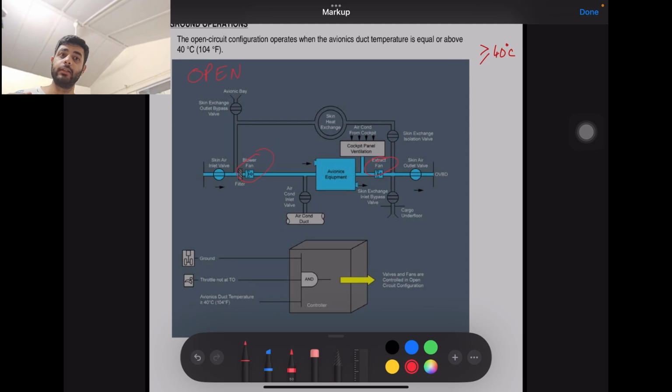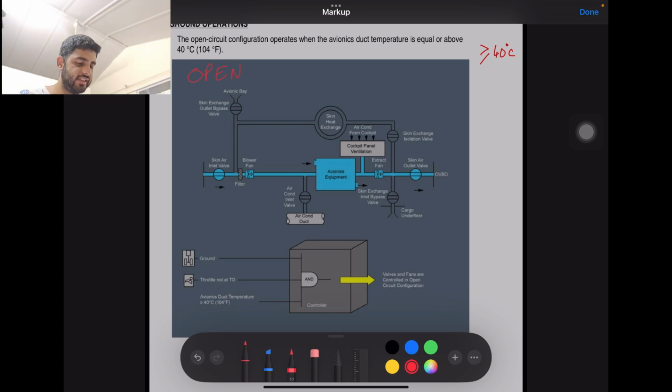The extract fan is like 2 to 3 times the size, much bigger than the blower fan, so on its own it can cause ventilation to happen. Otherwise it's usually kept off. It usually doesn't run, but in emergency conditions you can press the extract fan and pump a larger volume of air through the systems. So this is your open config.